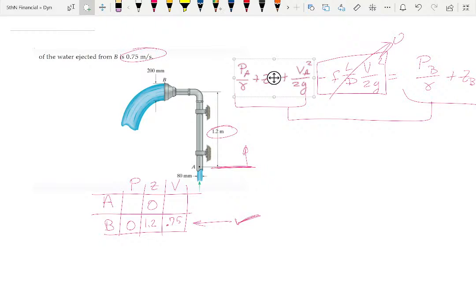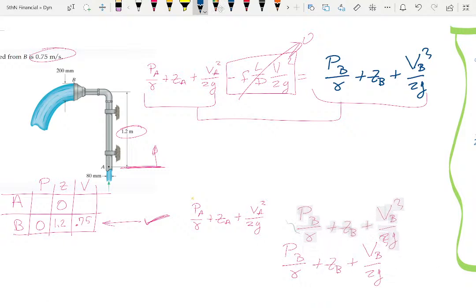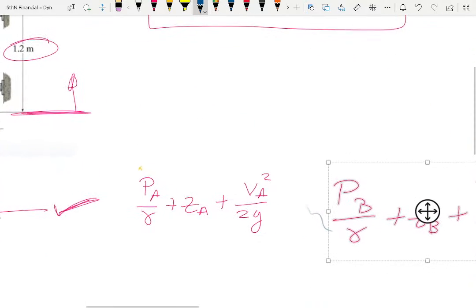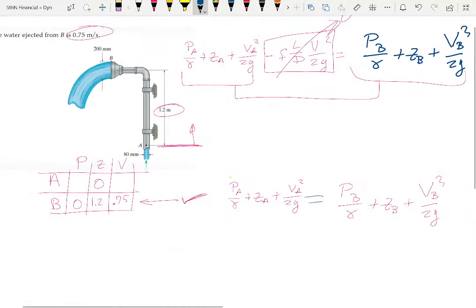Control C, and I'll drop it right there. Then I'll go over and copy this one, do a Control C, and put that one right about here. And then I'll say they're equal. Then I'll monkey with everything according to this chart.